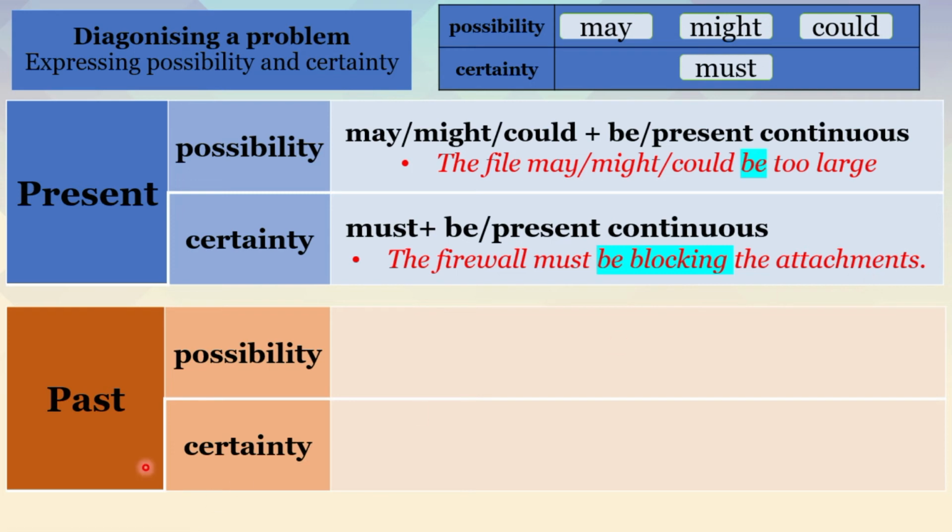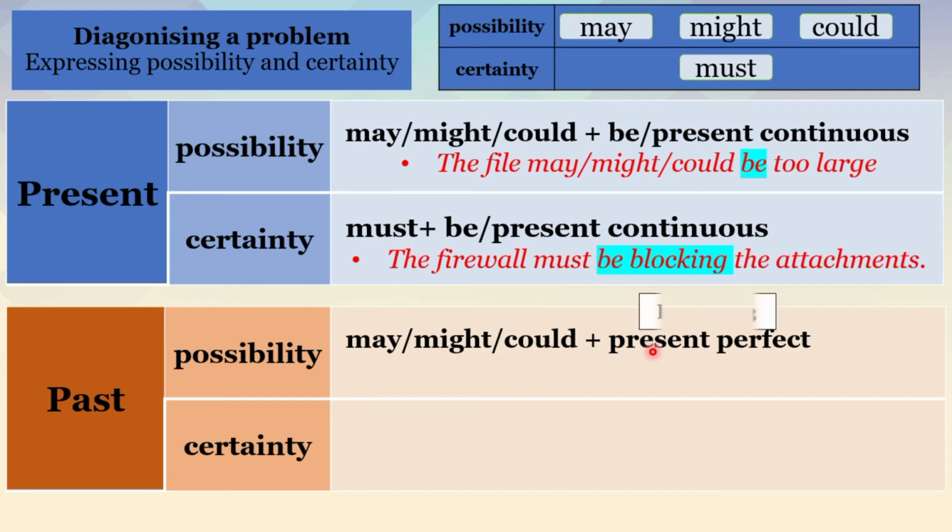Now, for the past possibility, we use any of the modals may, might, or could, followed by the present perfect. That is, have plus the past participle, that is verb 3.